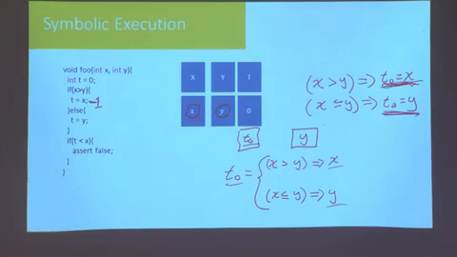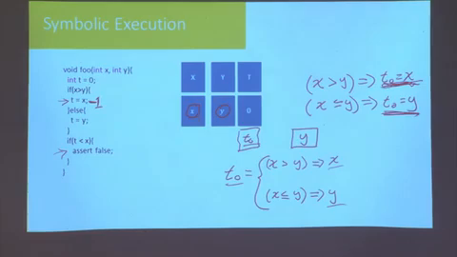So now all of a sudden, intuitively, you can see that this program could blow up, right? Because when the program takes this path, then t will indeed be less than x, and you will indeed fail here, right?